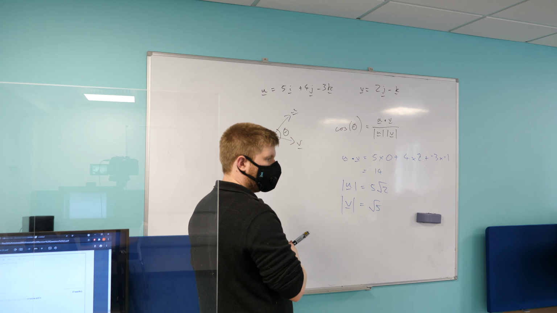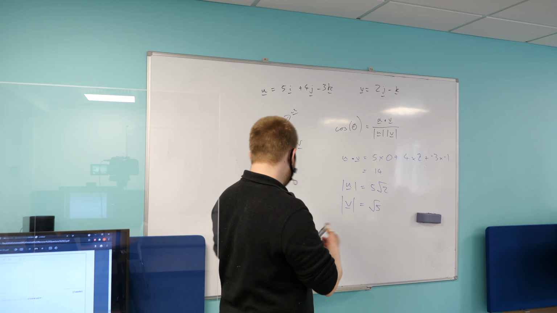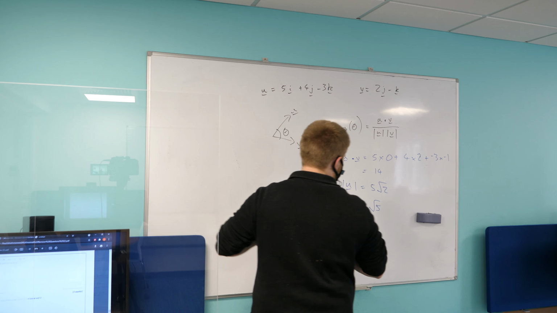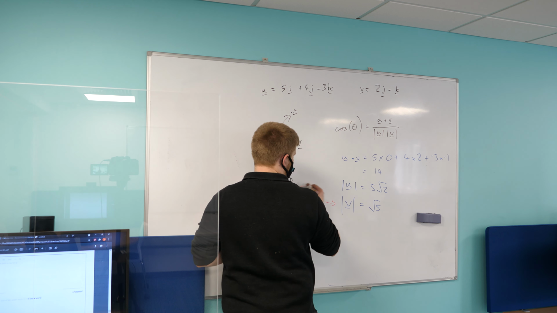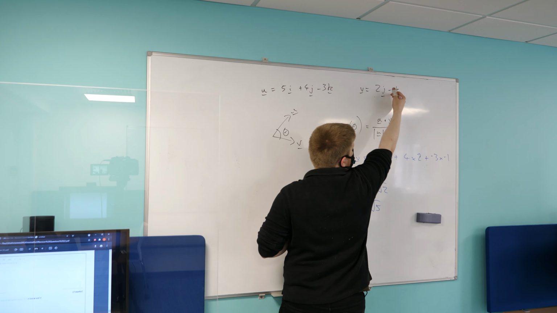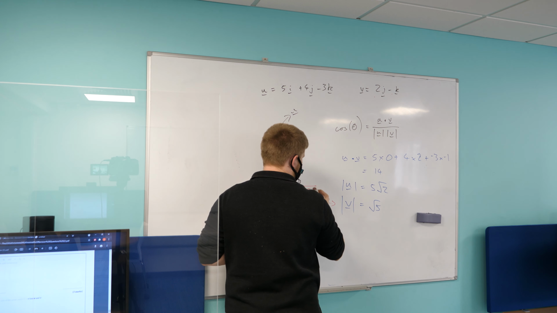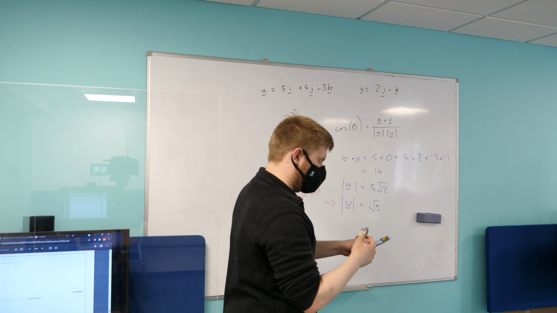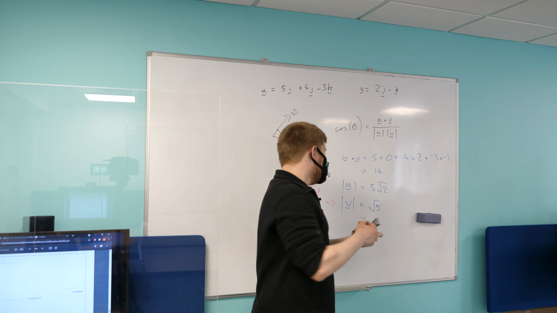Okay, because I'm finding magnitude, just remember, I'll write the formula out on the right hand side. So magnitude of v will be the square root of that thing squared plus that thing squared, right? So 2 squared is 4 plus negative 1 squared. I just did that in my head for the sake of space. Okay, so we got square root of 5 there.